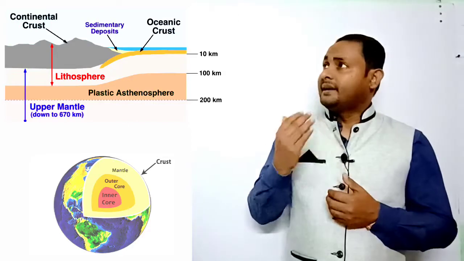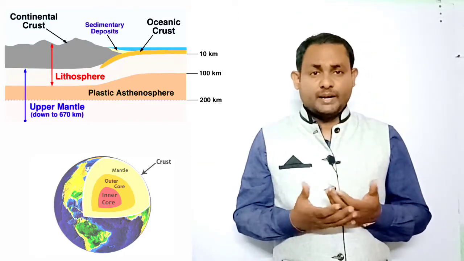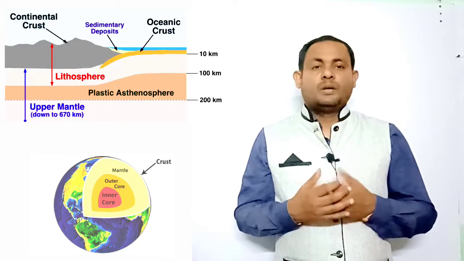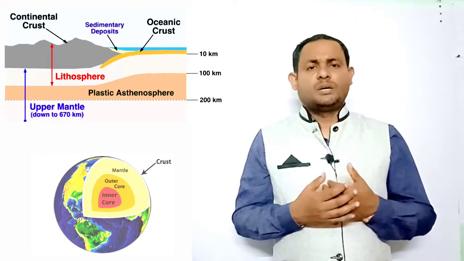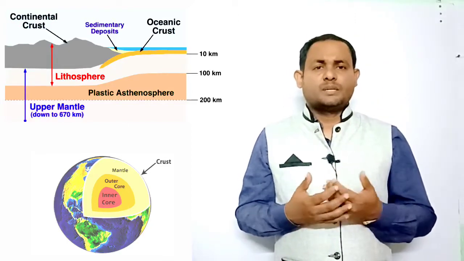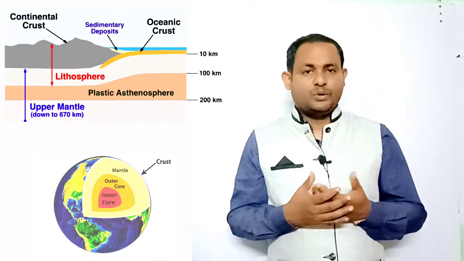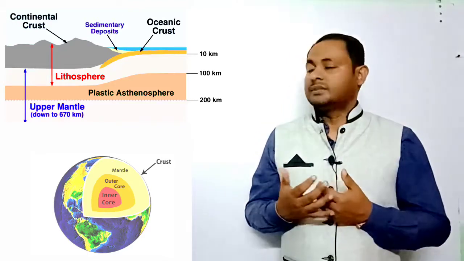And the mean density of the material in the oceanic crust is 2.9, and it is mainly composed of basaltic rocks. And the crust makes up about 1% of the earth's volume. You must carefully listen: the crust makes up about 1% of the earth's volume. All the above are very important characteristics of this layer.